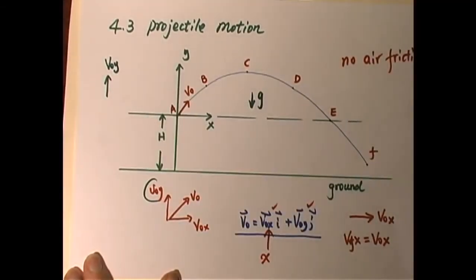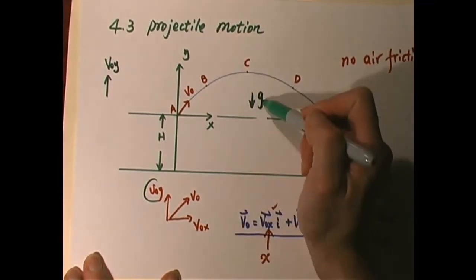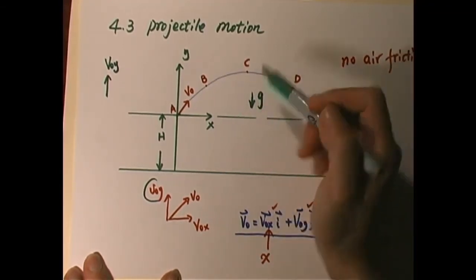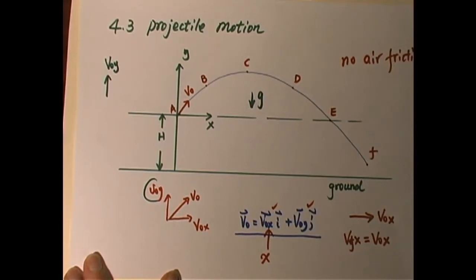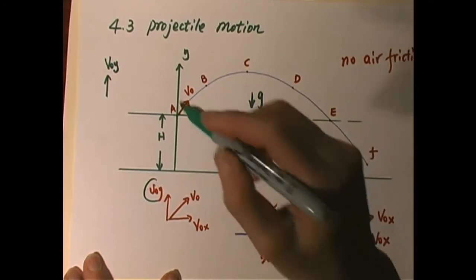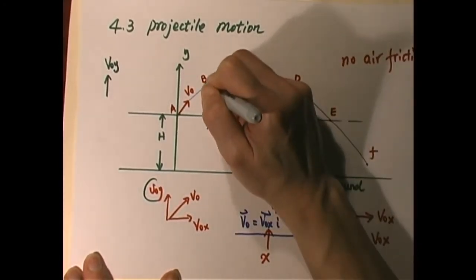This VOY is going to be decelerated because g is in the opposite direction of VOY. So the object will slow down and reach the highest point, and then g will accelerate it, so it starts to increase its velocity downward and eventually falls faster and faster. Since this is a trajectory, the velocity should be tangential to it.